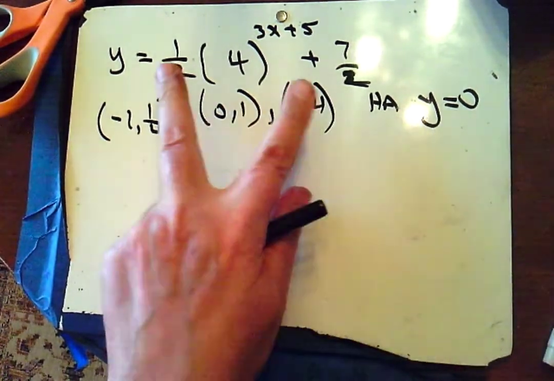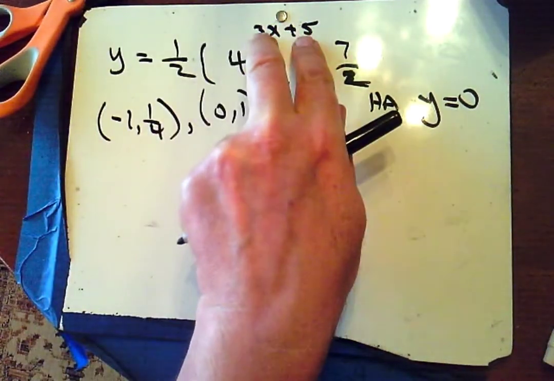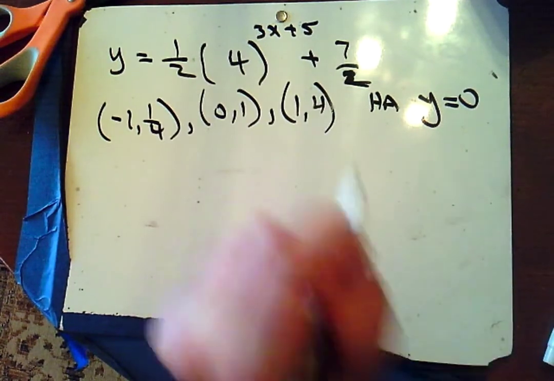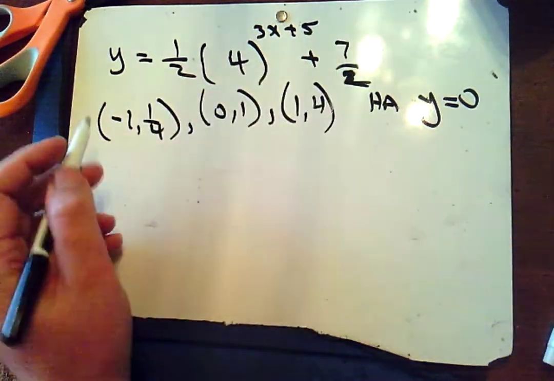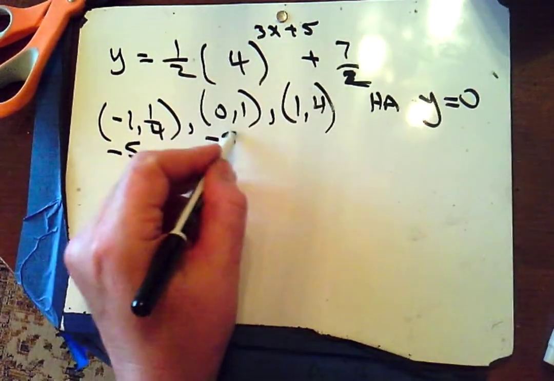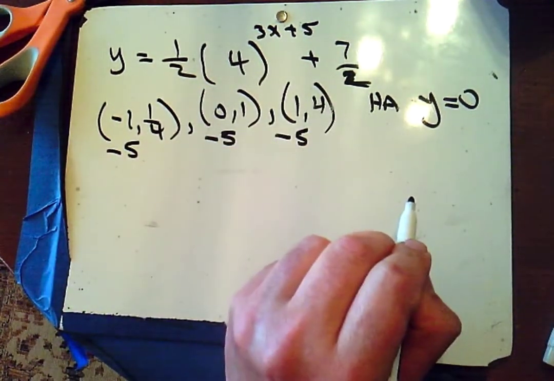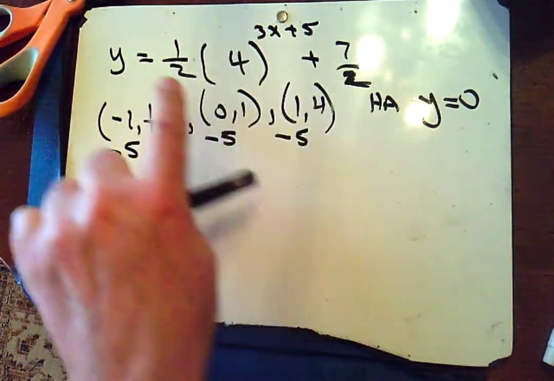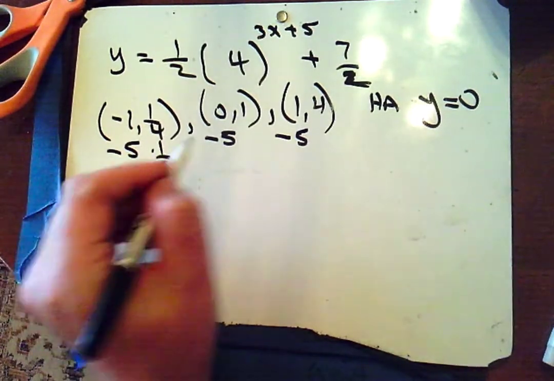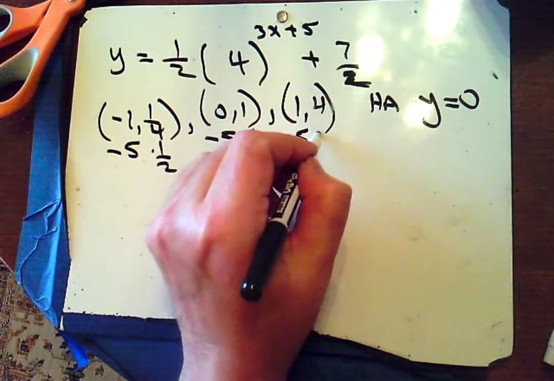So now I see 2 y transformations and 2 x transformations. I do the x transformations in SADMAP order, which means I'm going to be subtracting 5 from all the x's first, and then I do PEMDAS order with the y transformations, which means I'm multiplying the y's by 1/2.